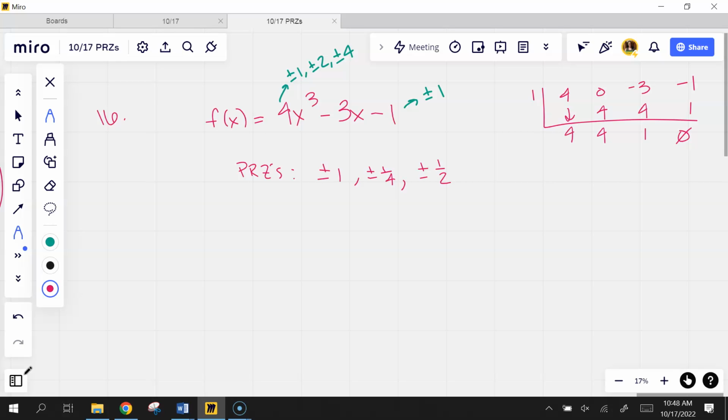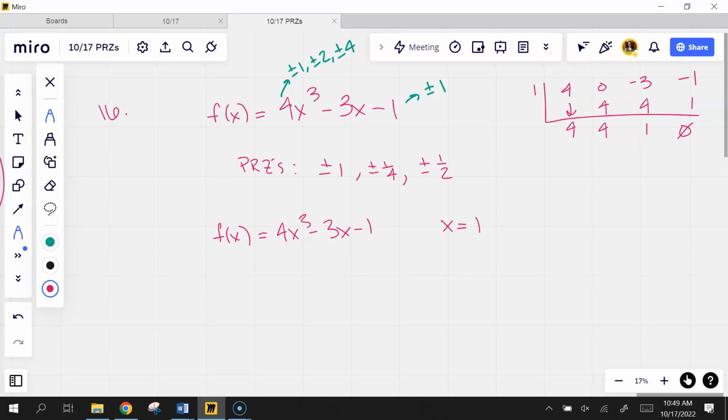Okay. Now, understand where I am in this problem now. Now I'm to the point where I say f of x equals 4x cubed minus 3x minus 1. If x equals 1 is a 0, find all the other zeros. Well, we've already done that. So now it becomes the problems like we've already done. Factor it completely.